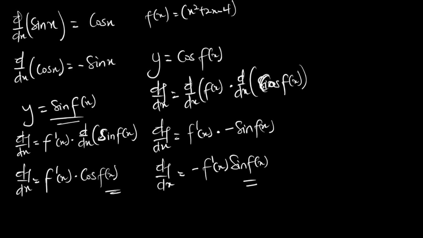Alright, so with that said, let's look at an example, a very simple example in this case, to see how we can solve that. So we have to find dy/dx of the function sine of x squared minus 3x plus 1.